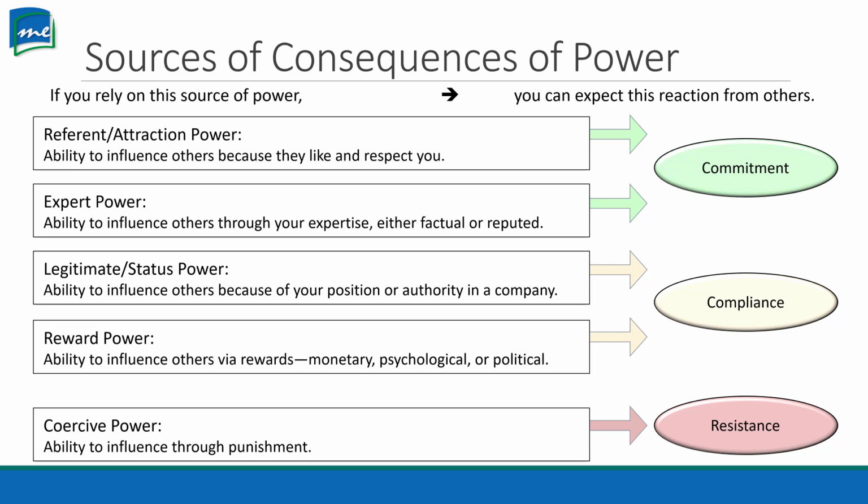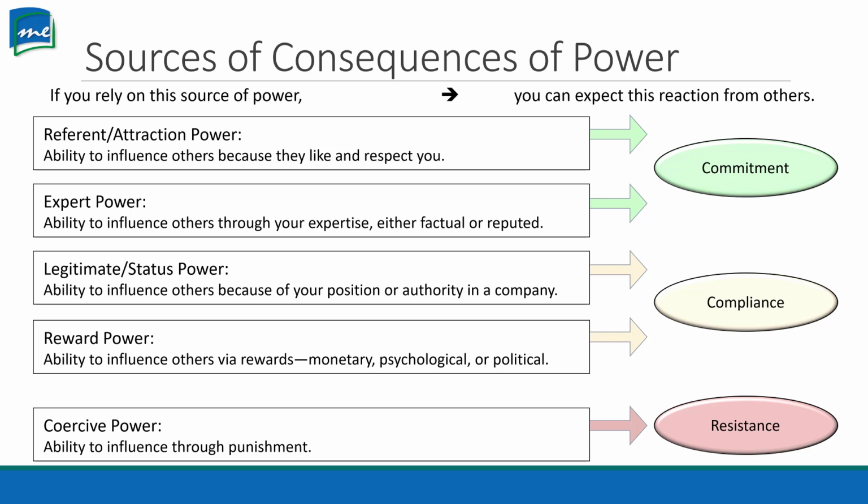So we reward people. You can reward them with money. You can give them a psychological thank you, a congratulations, or political. You can give somebody a benefit that somebody else doesn't have. People will work to get those kind of rewards. So you'll get compliance because people will work hard to get that reward. So they comply to get that.